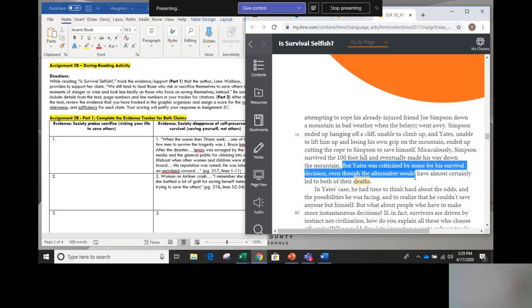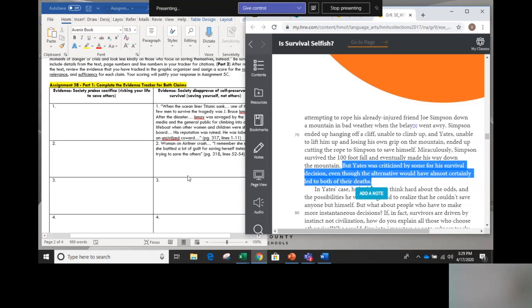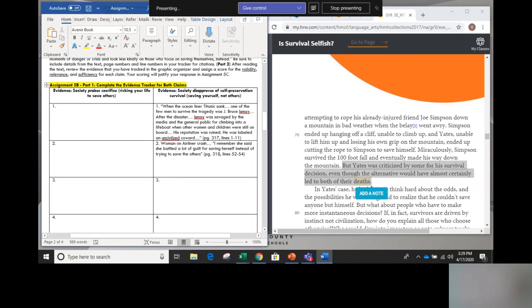I can definitely put this part here in the side that talks about disproving, because he was criticized, right? So that's going to be something that I can add here. So I'm going to put mountain climber Yates, and I'm going to add that quote.